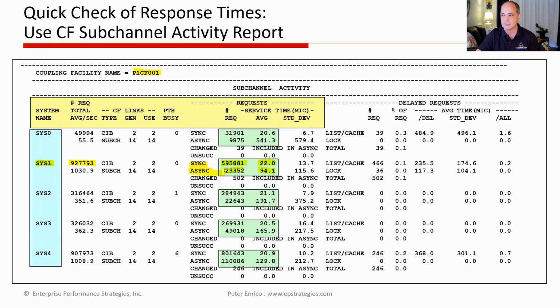And then for asynchronous, you have this many requests, which have a 94 microsecond response time, which is within our range. And if you're not happy with that response time, you want to understand who's making those requests, and those numbers are broken out by structure eventually. So this is a quick way of looking at response time. This is the first thing I actually do whenever I look at a coupling facility report: see what kind of response times the requests are getting.